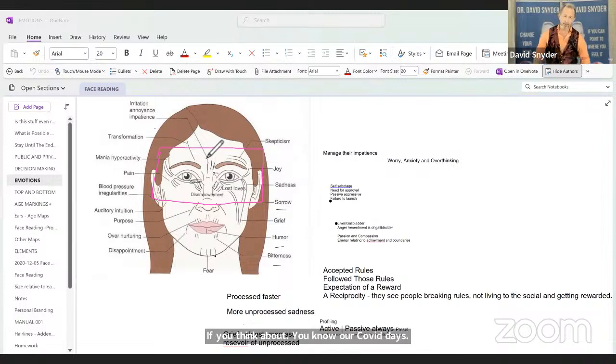So the next line that I want to look at is this double line between the eyebrows. Okay. This line indicates some level of irritation, annoyance, or impatience. I like to call this the traffic marking, the traffic face.